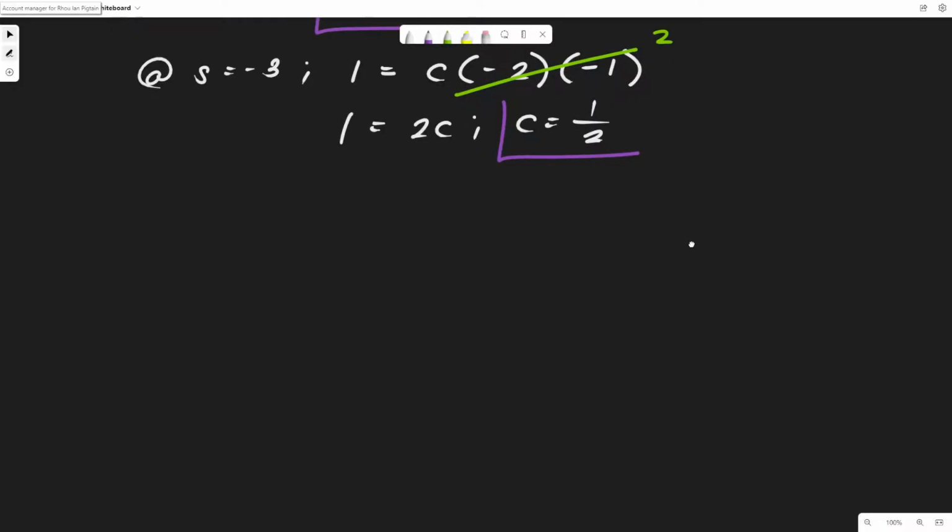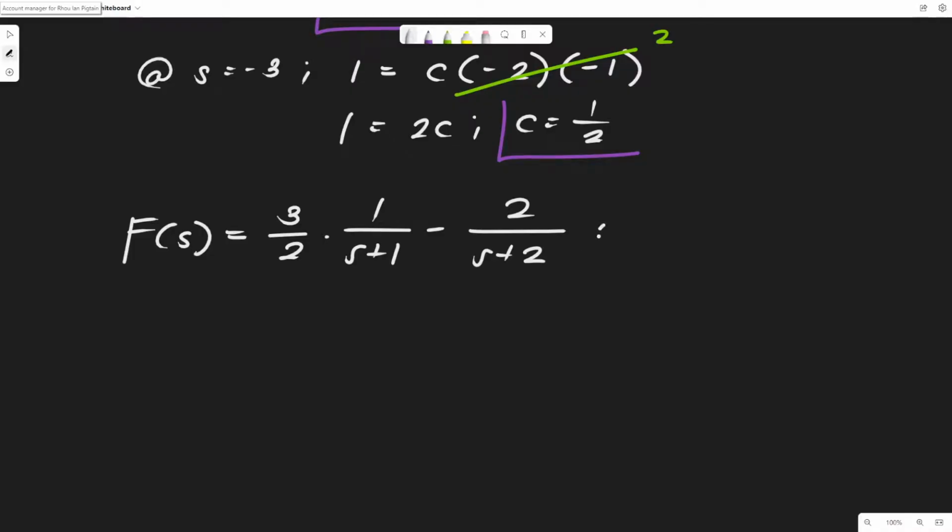So, we have, therefore, the new f of s is equal to, nasan ako? Ayun. So, 3 over 2 times 1 over s plus 1. Then we have minus 2 over s plus 2.